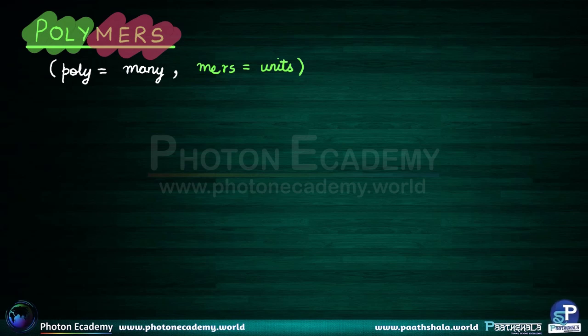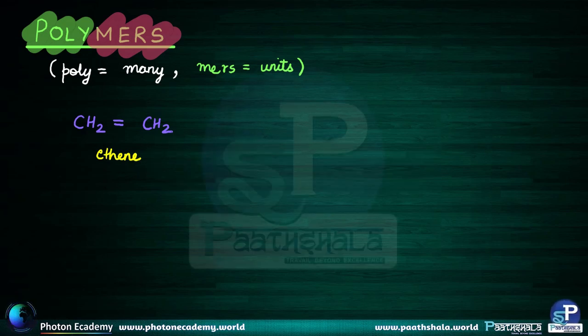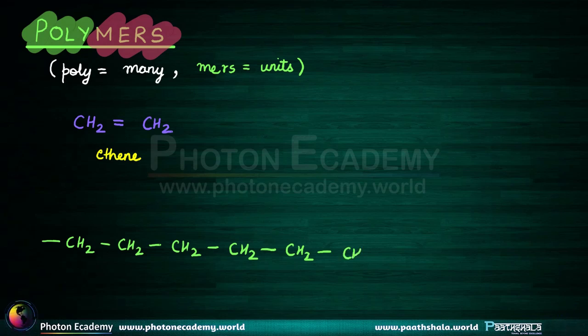For example, polymers can be formed by repeating units, so many units. We have taken one ethene molecule over here. If we start repeating this ethene, we'll get a straight chain consisting of CH2 in a large quantity. So we're repeating ethene a lot of times.